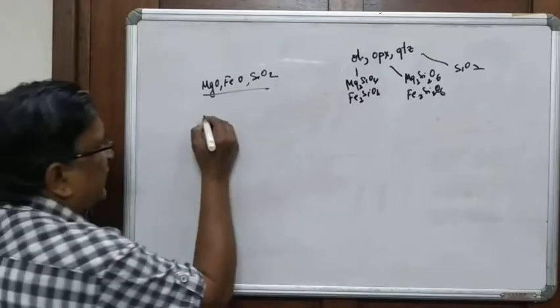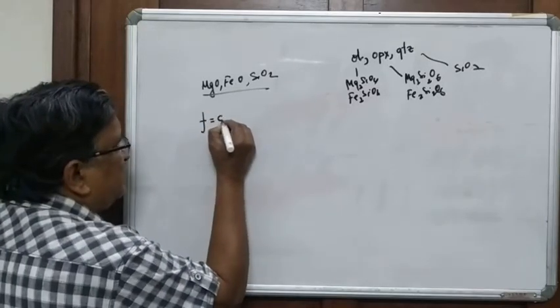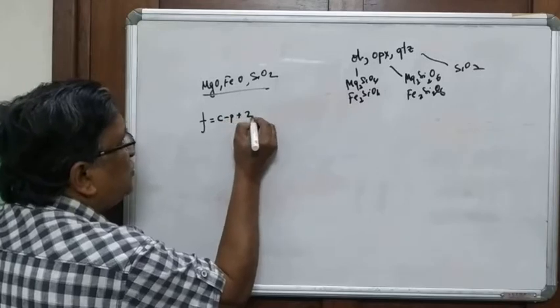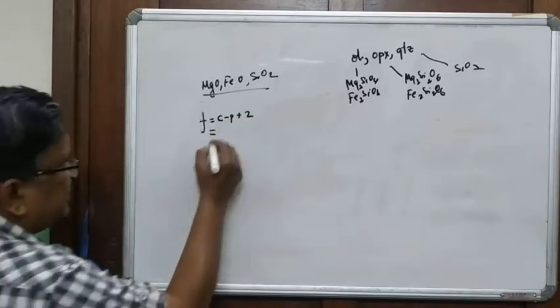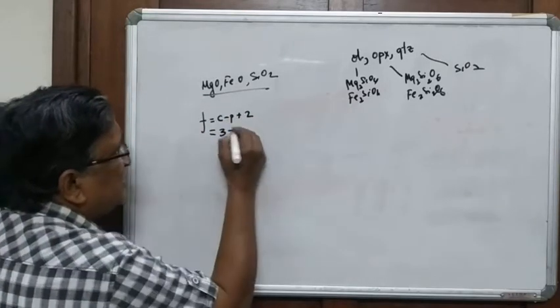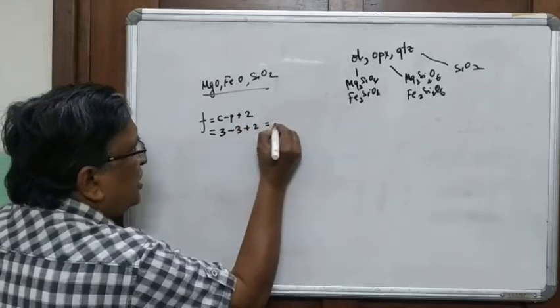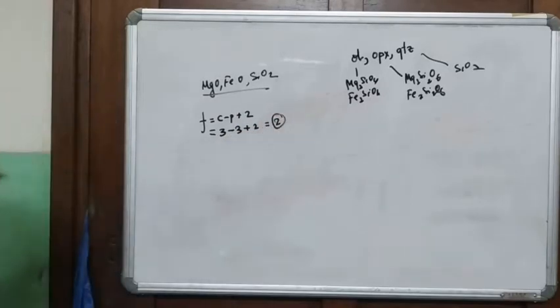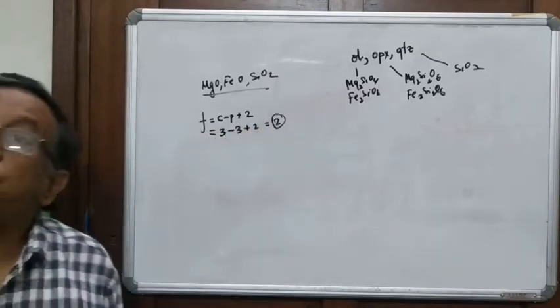So here, the degrees of freedom are C minus P plus 2: system components 3, phases 3, plus 2, so the degrees of freedom are 2.